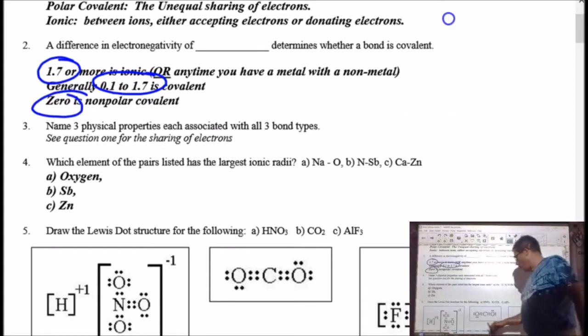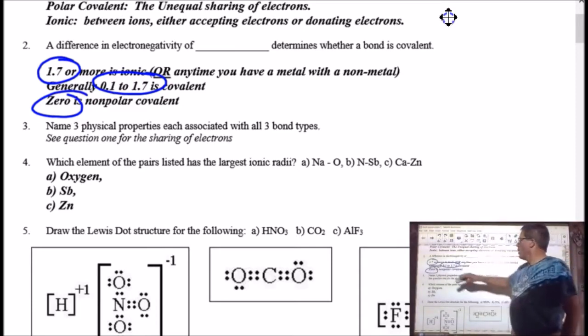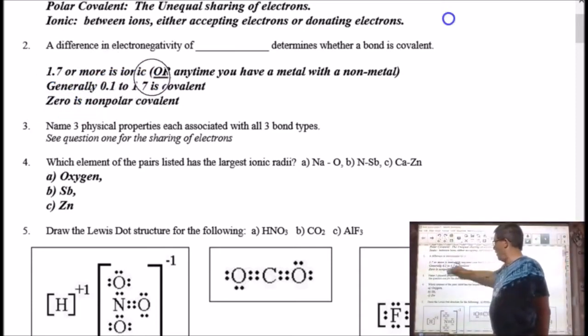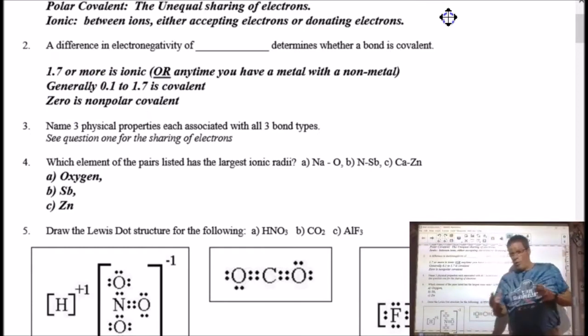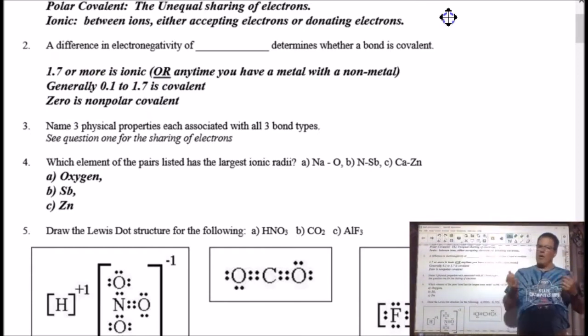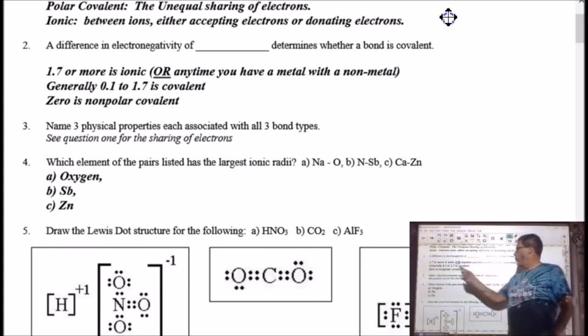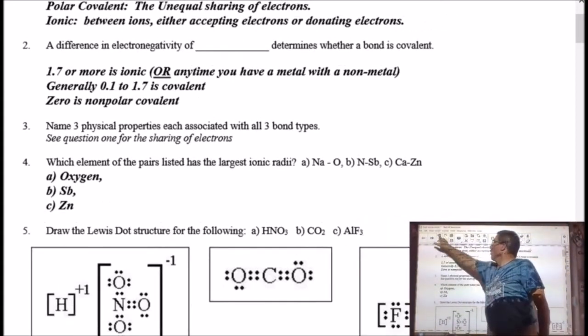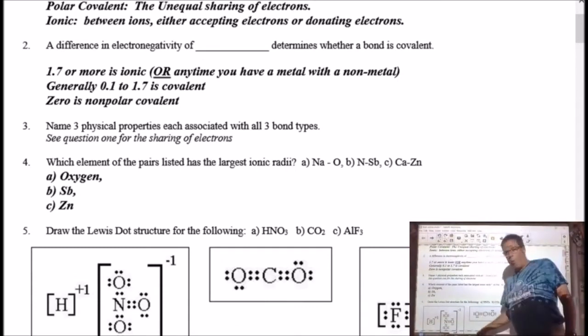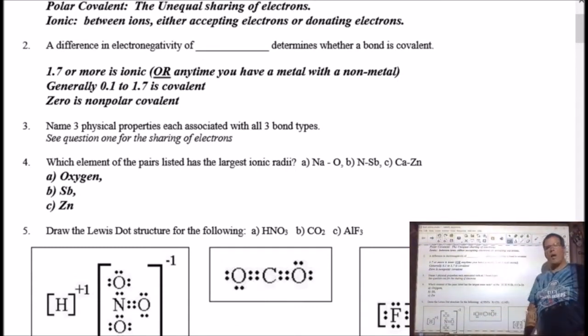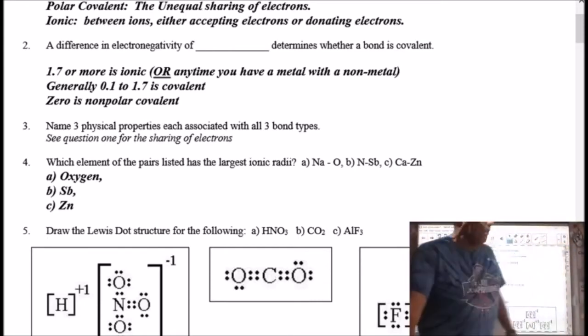Again, these are good general rules, but sometimes we can violate them if we're looking at a metal that has a high electronegativity value and a nonmetal that has a lower one. The difference would fall between 1.7 and 0.1, but if you have a metal with a nonmetal, we're going to make that an ionic substance. All right, number 3.